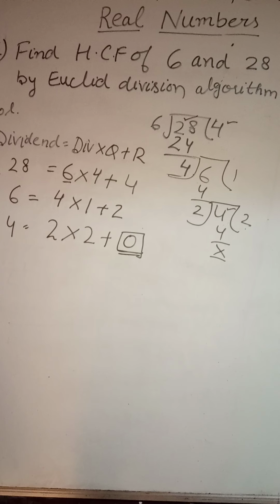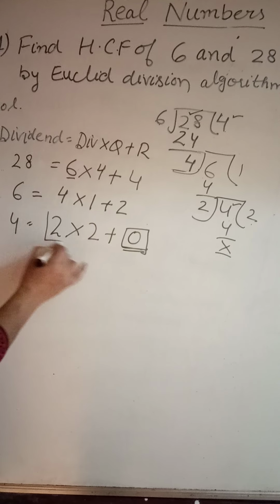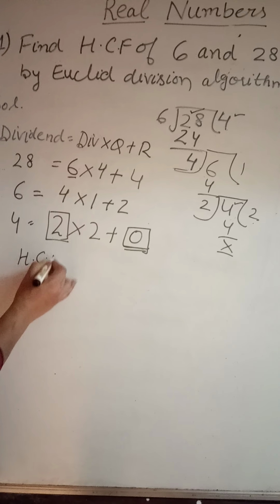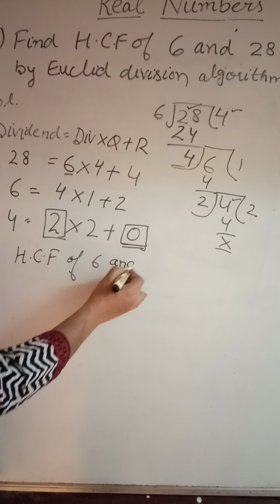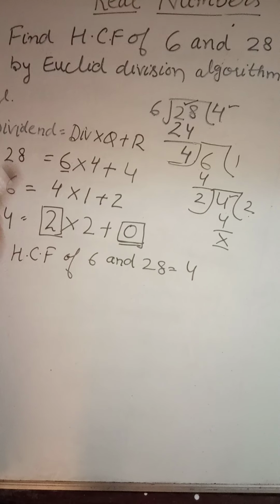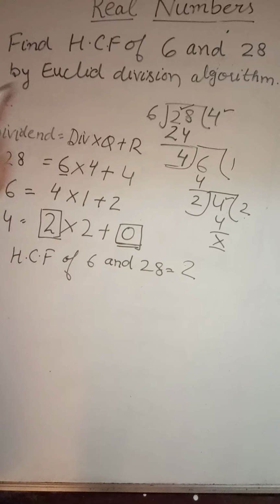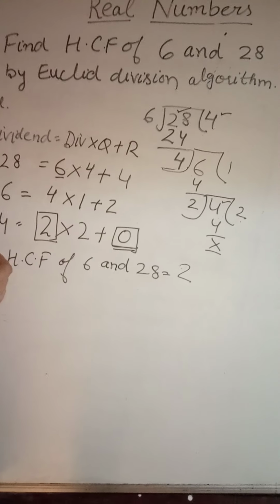At the point at which we get remainder as 0, that divisor would be our answer. So HCF of 6 and 28 is equal to 4. Sorry, is equal to 2. So we have obtained HCF by Euclid division lemma. Same thing but presentation is different.